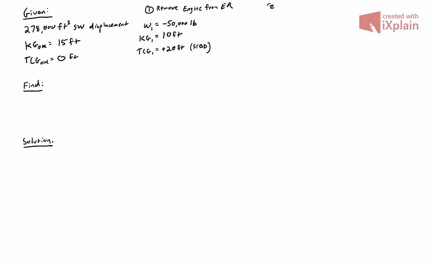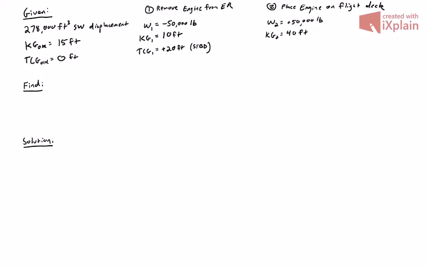It then tells us that we place the engine on the flight deck. Place engine on flight deck. Okay, so adding the engine is now a positive because it's a weight addition. So our W is going to be positive 50,000 pounds. It then tells us that position on the flight deck is 40 feet above the keel, so KG is equal to 40 feet.